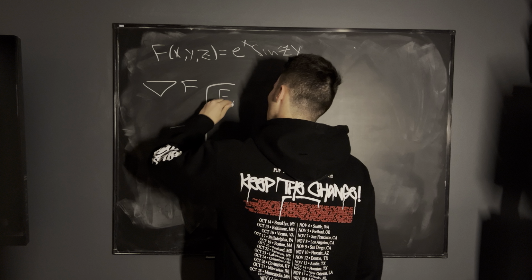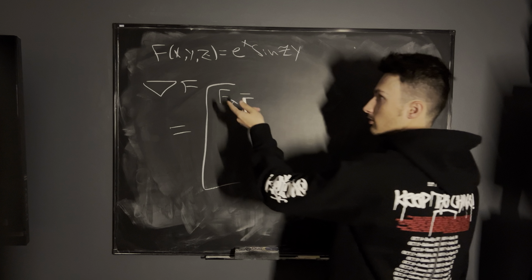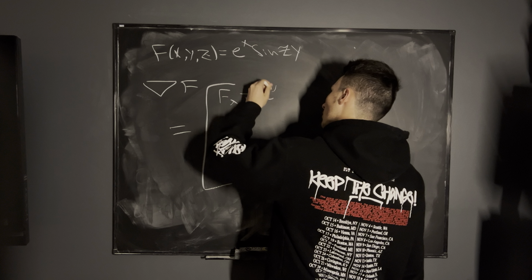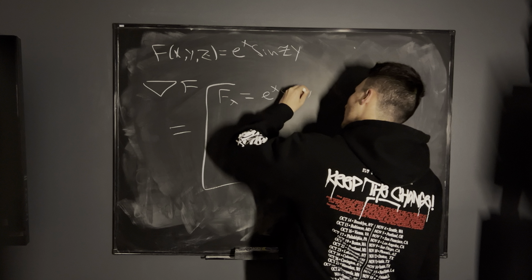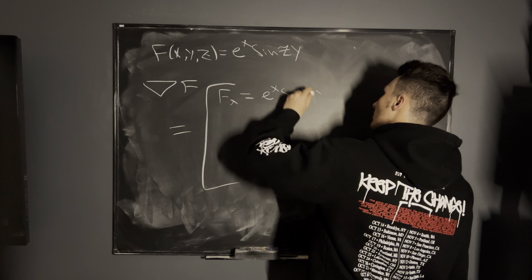So the derivative with respect to x is going to be equal to e to the x sine zy.